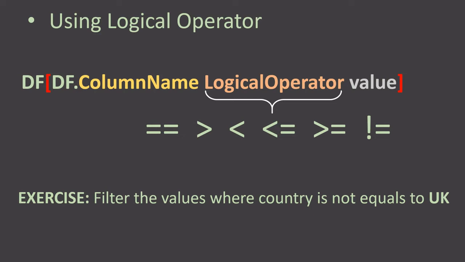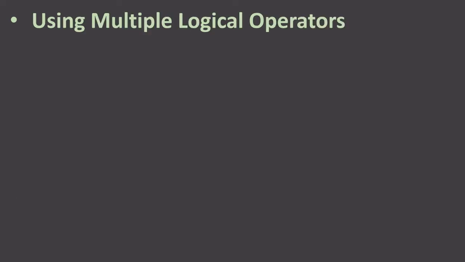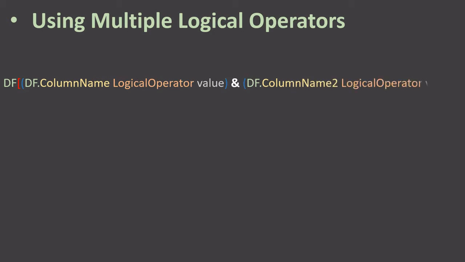Now let's see what we want to learn next. Here, using multiple logical operators. What is that? Here we will be using two columns separately. Let's say you want to select only those records where country equals UK and transaction amount is less than 300.